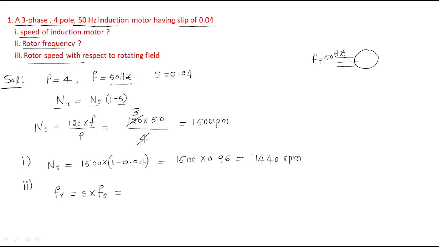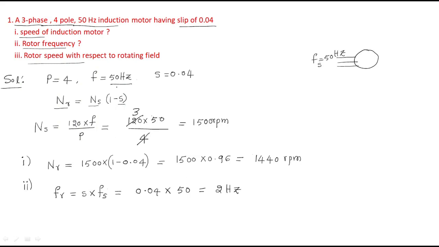So this is the AC supply. The slip value is given as 0.04 and the stator frequency is 50. Then what is the rotor frequency? Rotor frequency equals 0.04 into 50. We will get 2 Hz. The unit is hertz.